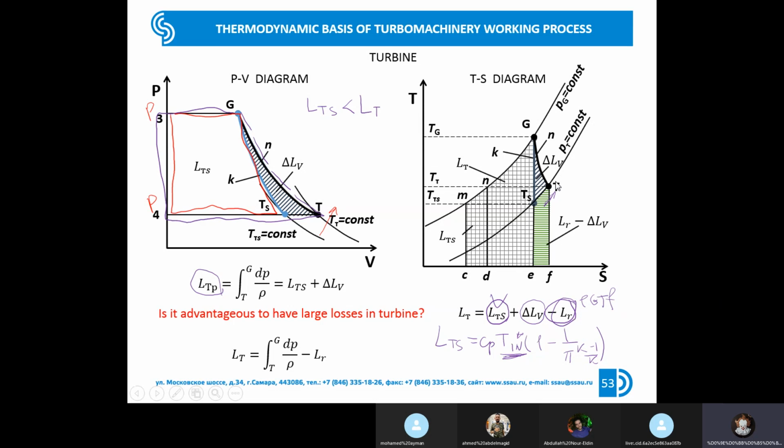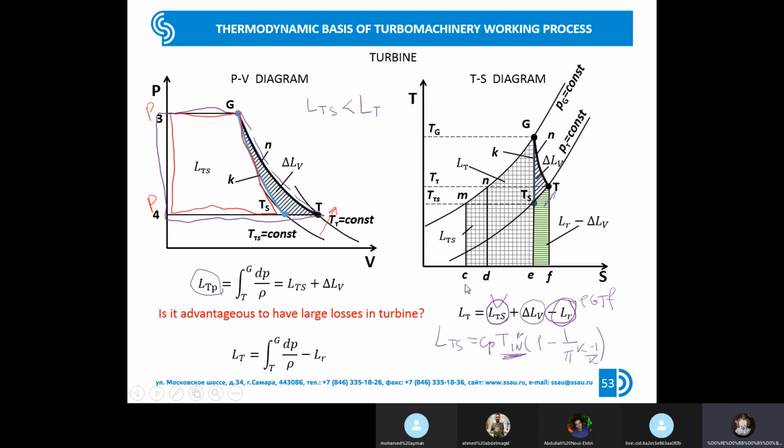About the ideal specific work, like in the previous case, we make a horizontal line to the left direction.